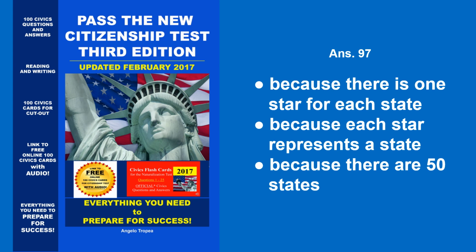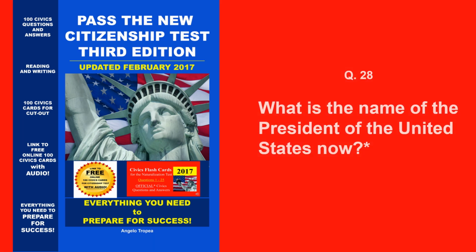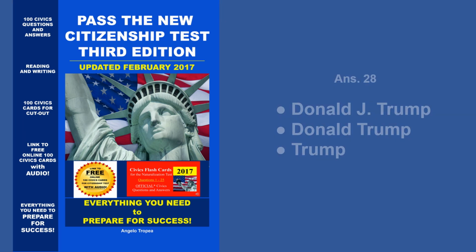Because each star represents a state. Because there are 50 states. What is the name of the President of the United States now? Donald J. Trump. Donald Trump.